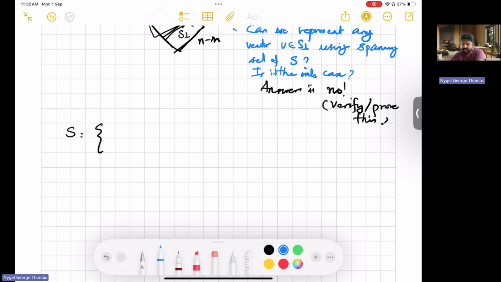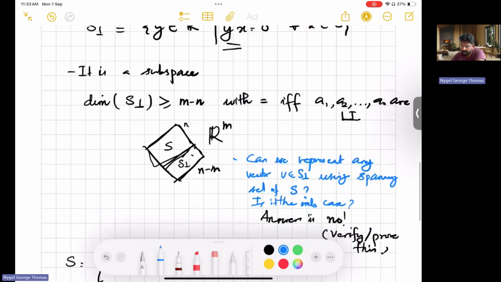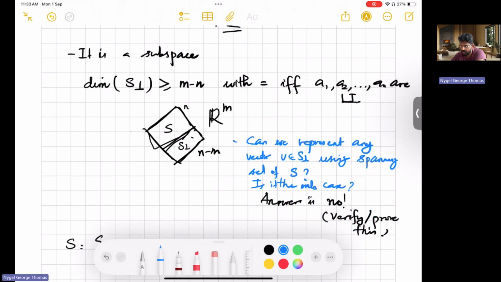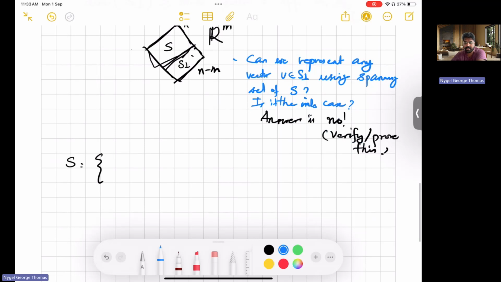Or is it the exact partition? Does it require them to be orthogonal? In fact, it does not, because we've already written this: equality holds if they are just linearly independent.